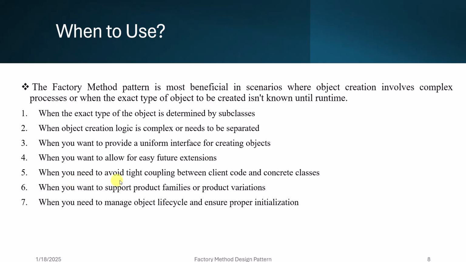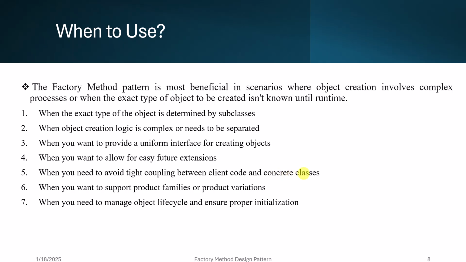Next is when you need to avoid tight coupling between client code and concrete classes. If you want to decouple the client code from concrete classes, the factory method allows the client to interact with product interfaces or abstract classes rather than directly dealing with the concrete classes. That will also make the code more flexible and easier to maintain.